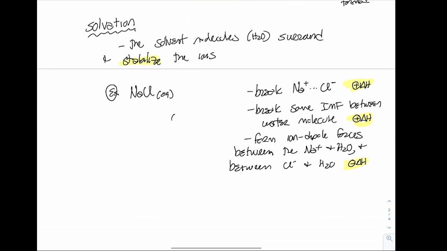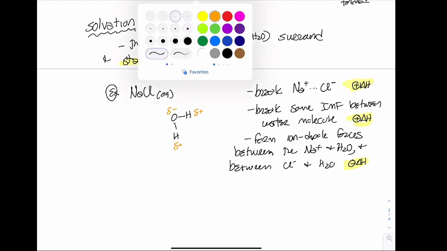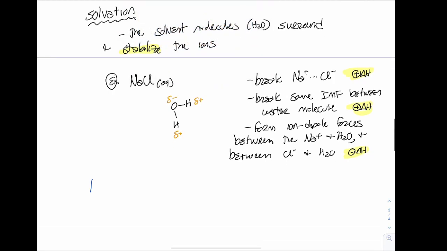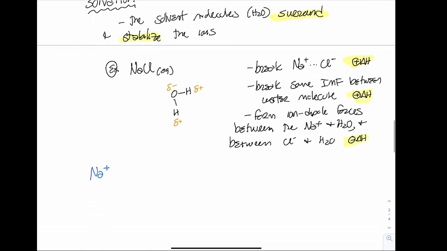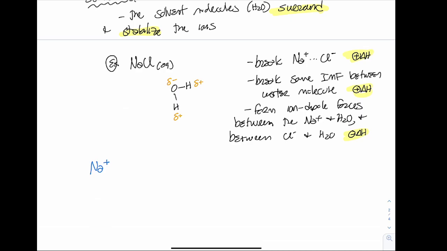I'm going to draw water out here by itself, just to remind us that the oxygen is the partial negative end, right? It's more electronegative than the hydrogens are. So that's my partial positive. When I take sodium, sodium is my cation, right? It has a positive charge. When I surround it with my solvent molecules, I'm going to have it oriented so the oxygen is facing towards the sodium ions, right?